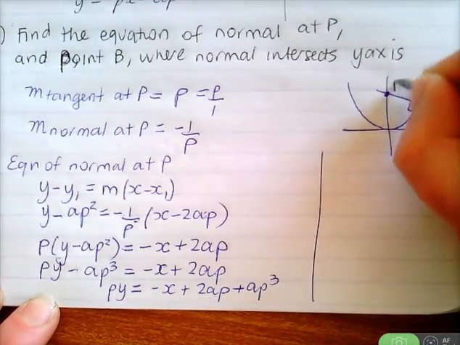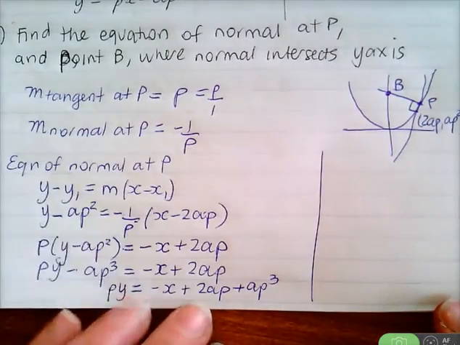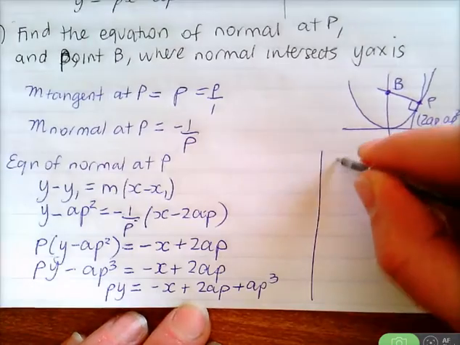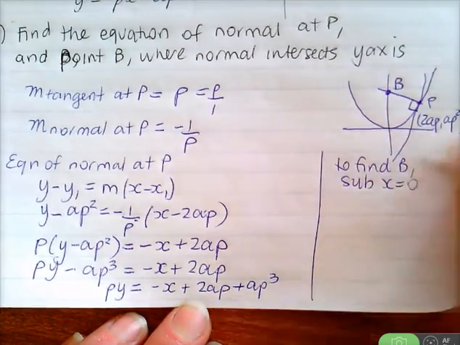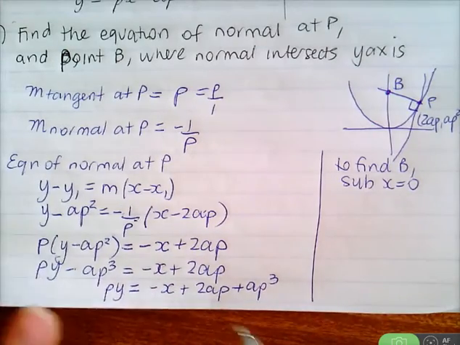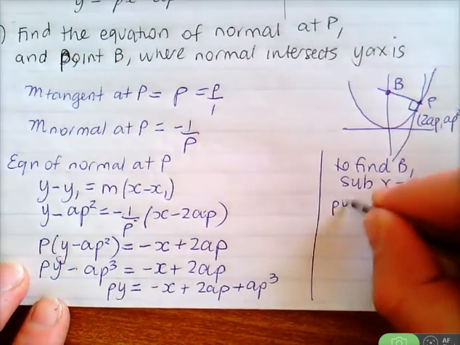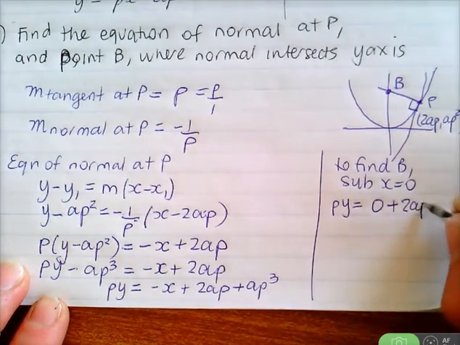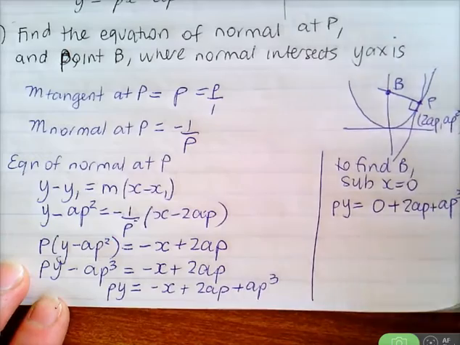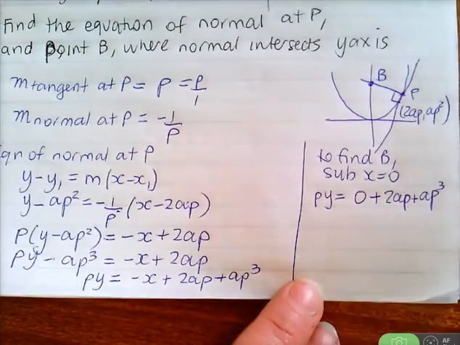Now, we want to find the coordinates of B. So, to find B, you sub X equals 0 into that. Can you see why I took everything over the other side now? So you get PY is 0 plus 2AP plus AP cubed. And the 0's gone.